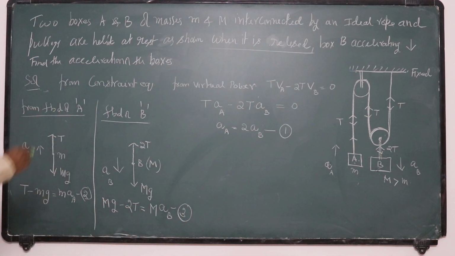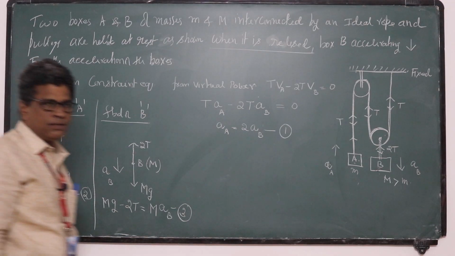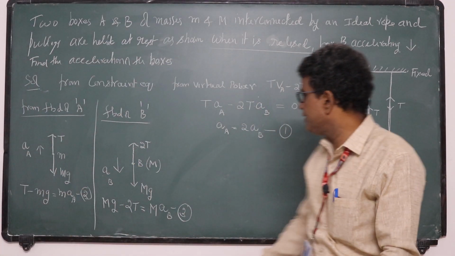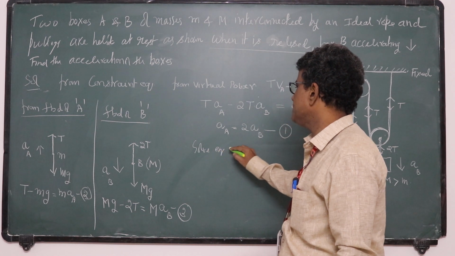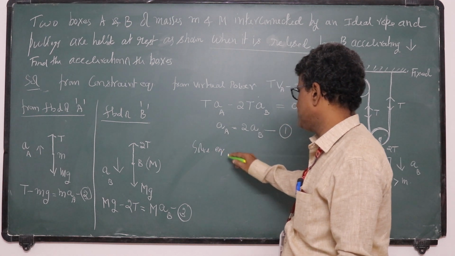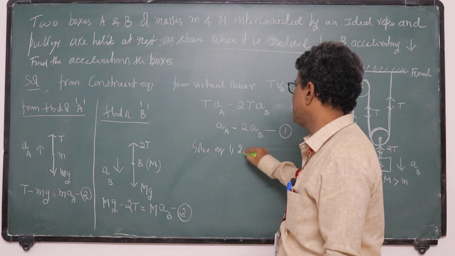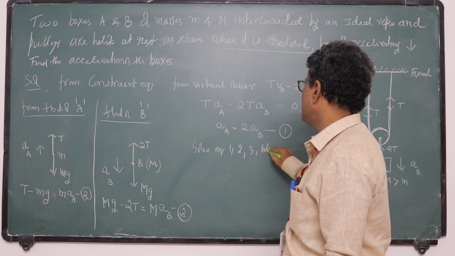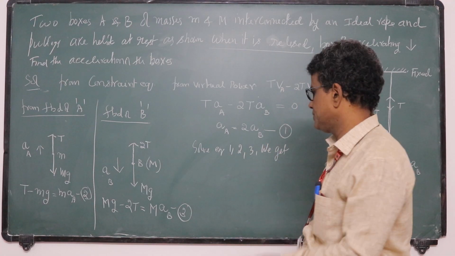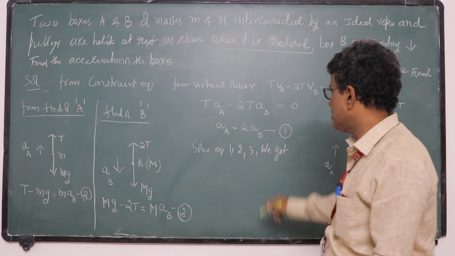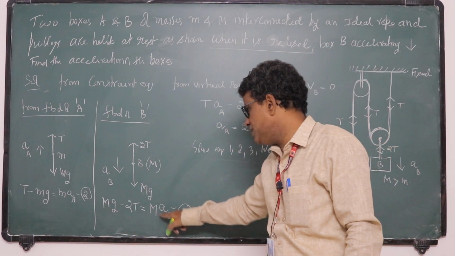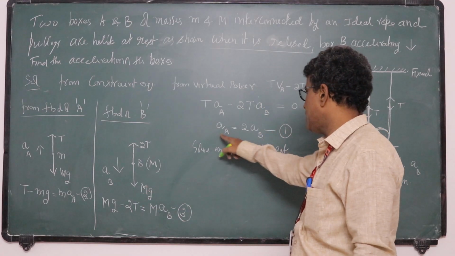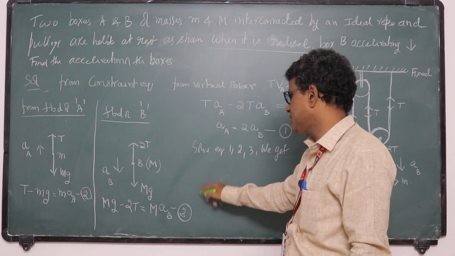You solve these three equations, you will get the accelerations of A and B. So solve equations 1, 2, 3. Here I want acceleration of A, so instead of the acceleration of B, I am writing acceleration of A by 2 in this equation.